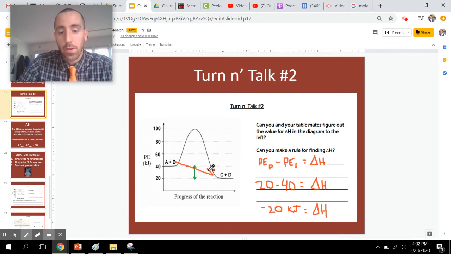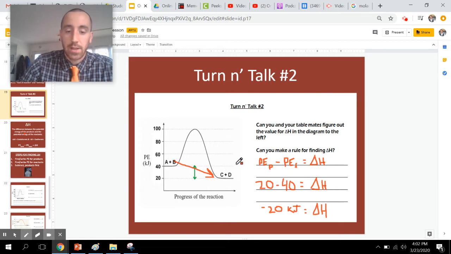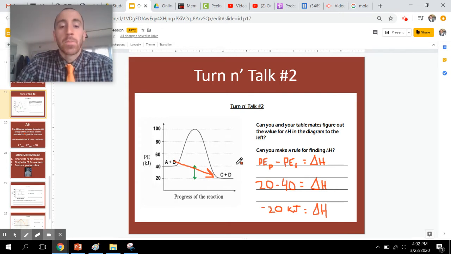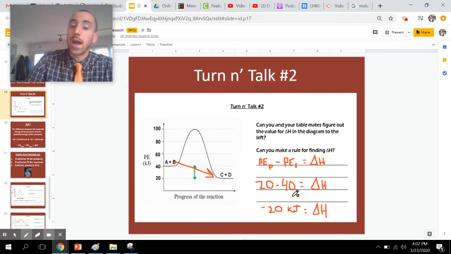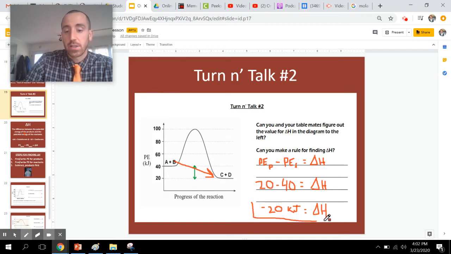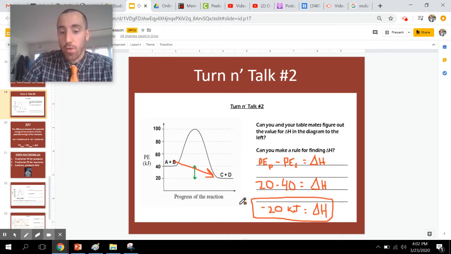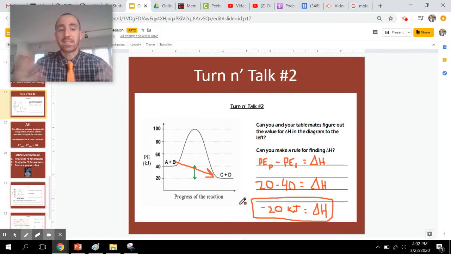It's going down. And when you end with less energy than what you started with, you'd say that it's exothermic. And now you also know it's exothermic because it has a negative 20 kilojoule delta H. Any negative delta H is exothermic. And what we're going to say is that this reaction is releasing energy. It's releasing 20 kilojoules of energy, and it's exothermic.